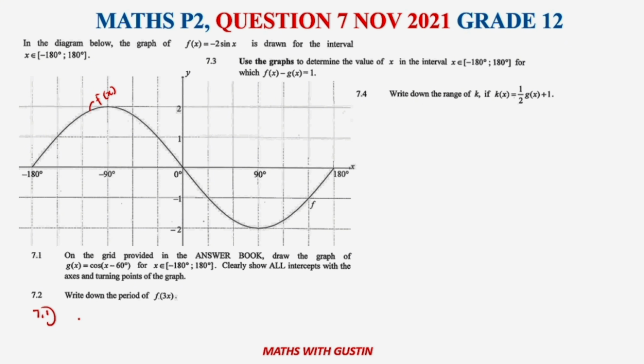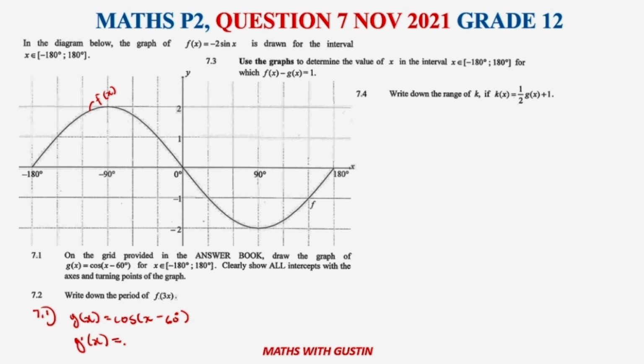7.1. Okay, so they're saying it's g(x). Either we start with the turning point, the x-intercept or the y-intercept. It really doesn't matter as long as we clearly show it on the graph. So if we were to take the derivative of this, remember, you get the turning point when the derivative is equal to 0.